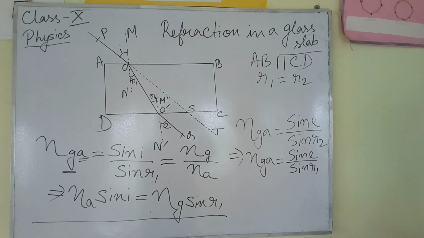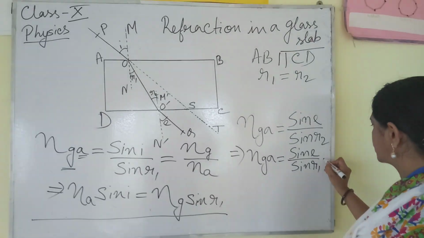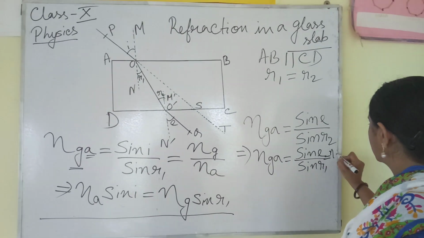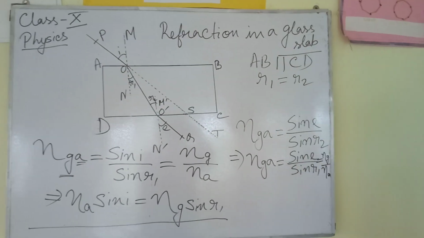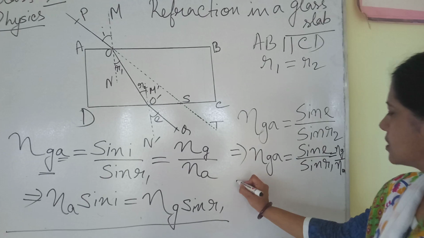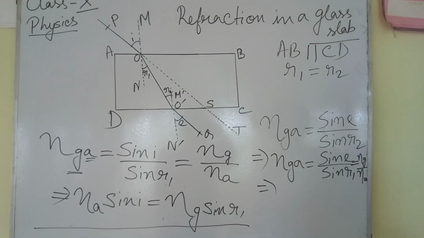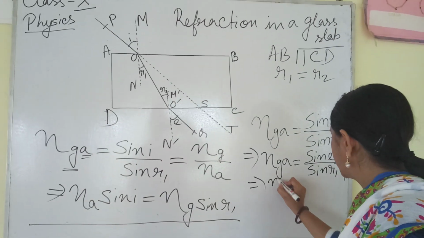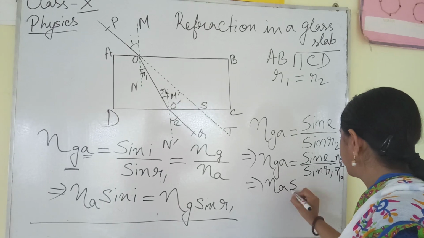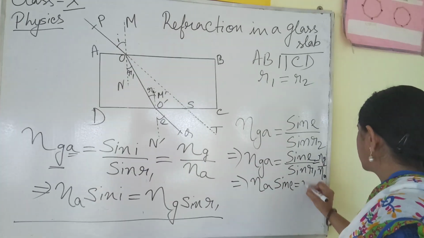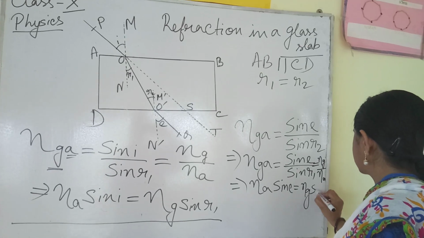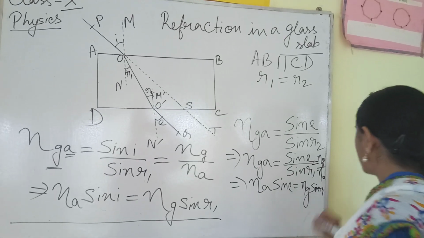Now by cross multiplying, this is again equal to refractive index of glass by refractive index of air. By cross multiplying, what am I going to get? Refractive index of air into sin E equals refractive index of glass into sin R1.